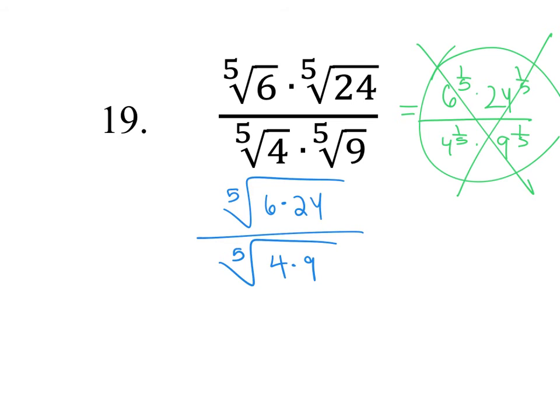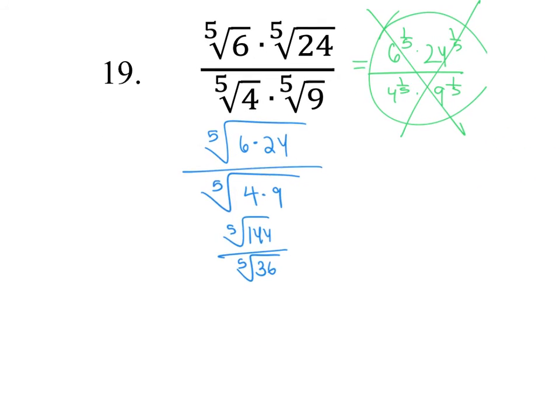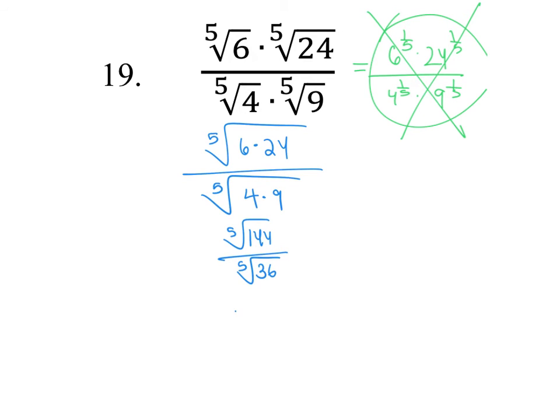So when we do this, we get 6 times 24 all over the 5th root of 9 times 4. And the other nice thing about our rules of radicals, we can write this as 144 over 36. Guess what? That's going to reduce down to 4.